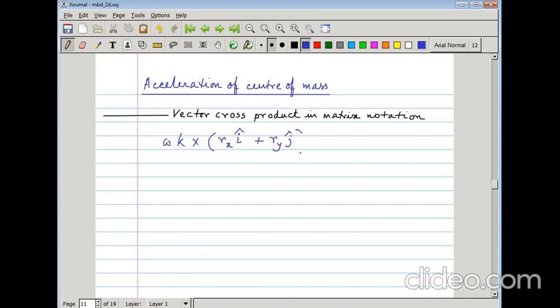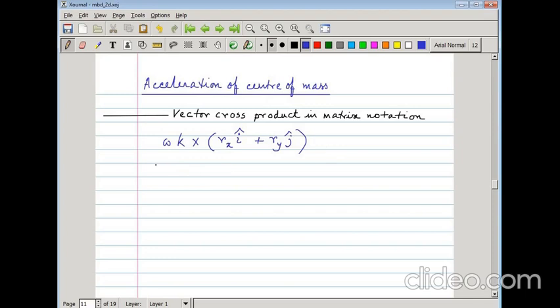So let i, j be fixed to the body, and rx and ry are components along the body fixed x coordinate and body fixed y coordinate. But we are not putting any superscript here. This is applicable for any body.